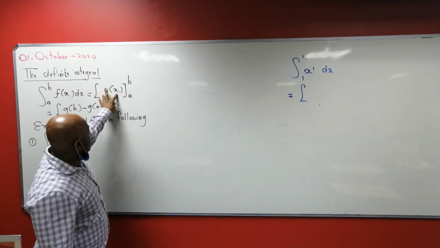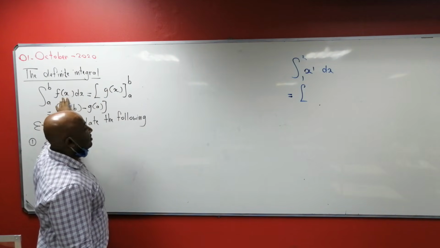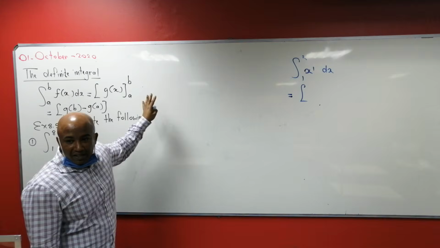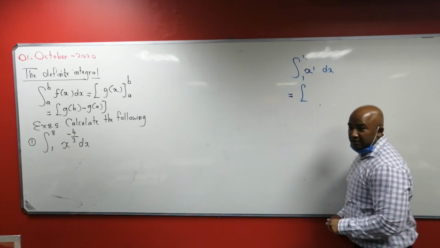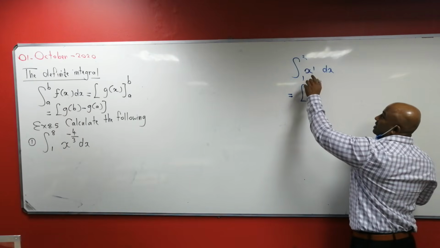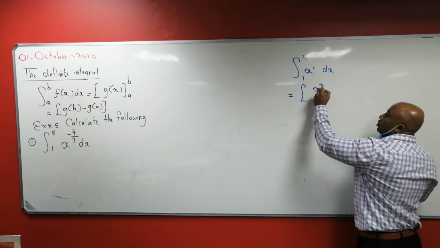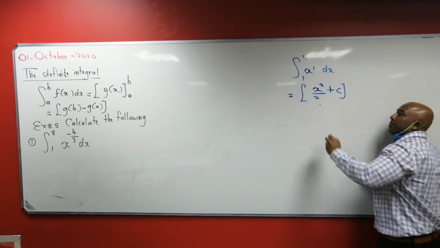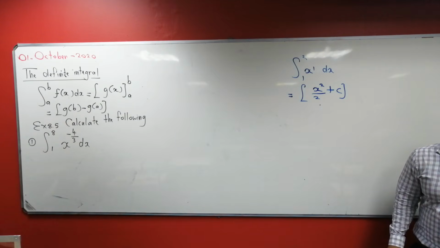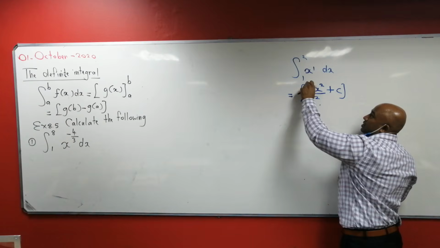Now g of x, don't get confused. g of x means what you get when you integrate f of x, so g of x is your answer. When you integrate x to the power 1, you're going to get x squared over 2, and normally you have your plus c. Remember that? Now we have these values to substitute.